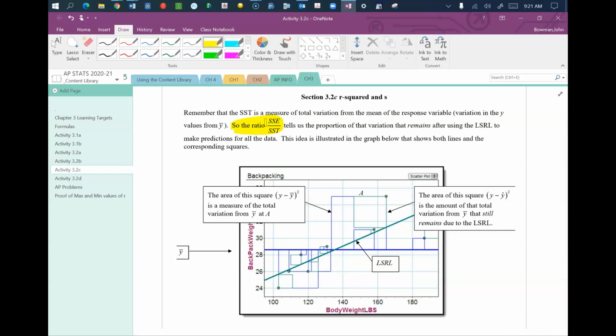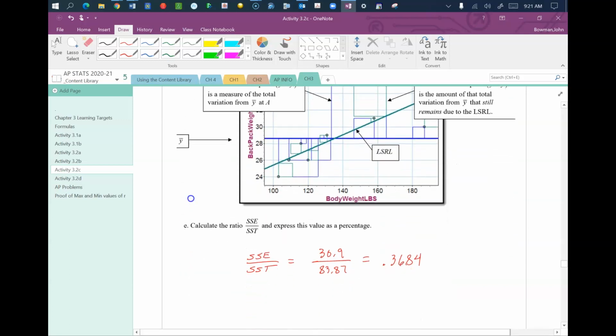And that tells us the proportion of the total variation from the mean that cannot be predicted by the line of best fit. For us, that number turns out to be, you'll recognize these numbers, 30.9 divided by 83.87, or 36.84. So what we're saying is that 36.84% of the total deviation from the mean cannot be predicted by the least squares regression line.